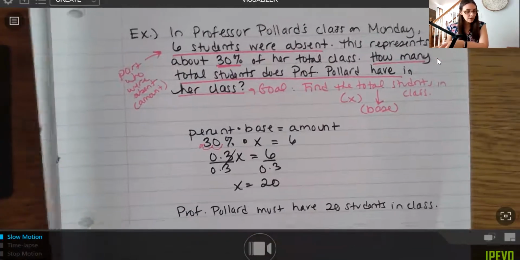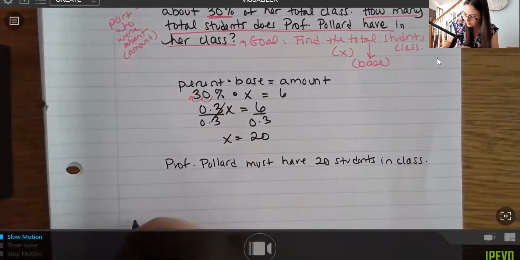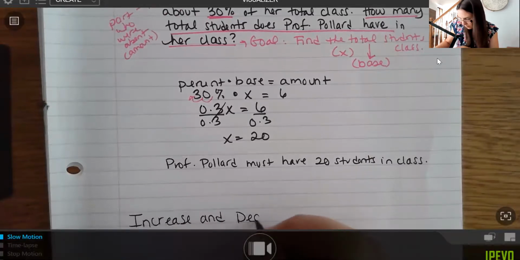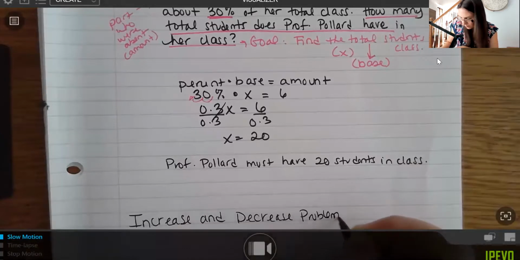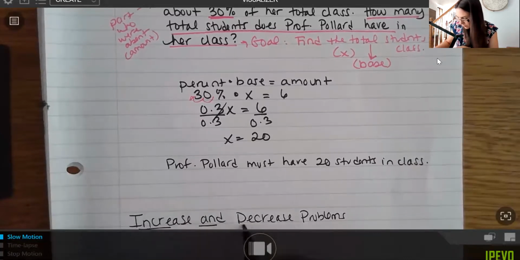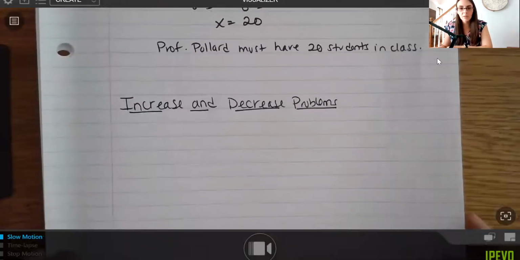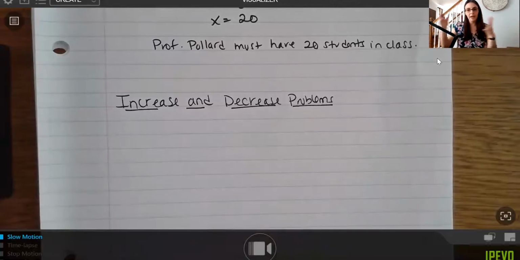All right, let's do another example and start getting into increase and decrease problems. These can be a little bit trickier. So obviously an increase problem is when from one value to the next, your answer is increasing.